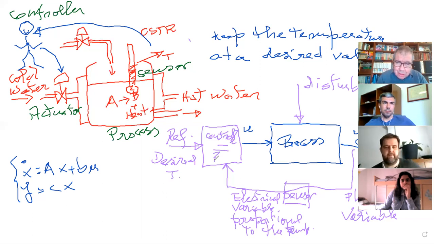Okay, you have to control the temperature of your chemical reactor. So you have the story of the hot water, of the cold water coming in, and you are losing energy, so you have to counteract it.